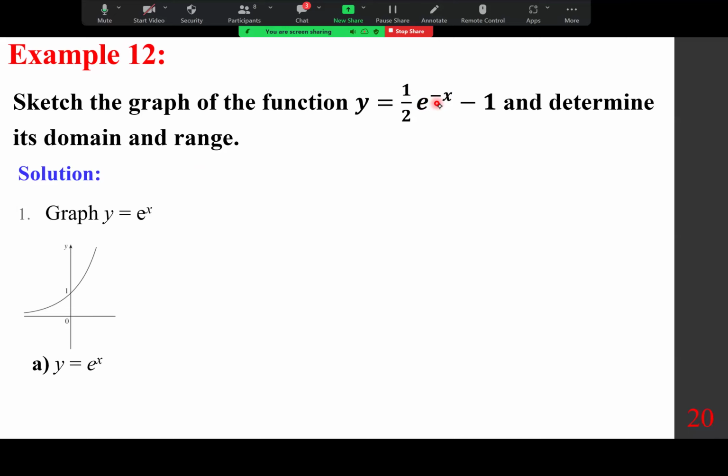Then we're going to go to e to the power minus x, which means you're going to change the x to minus x, a reflection about the y-axis. So reflect the graph of y equals e to the power of x about the y-axis to get y equals e to the power minus x, looking like that.